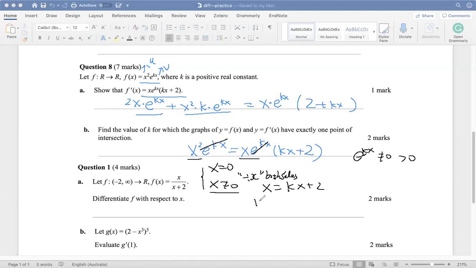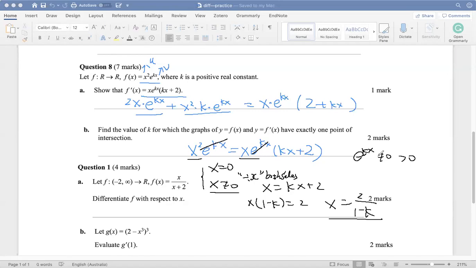I just move my k over to the left hand side, it becomes x times (1 minus k) equals 2. So my x just equals 2 over 1 minus k. That would be it.